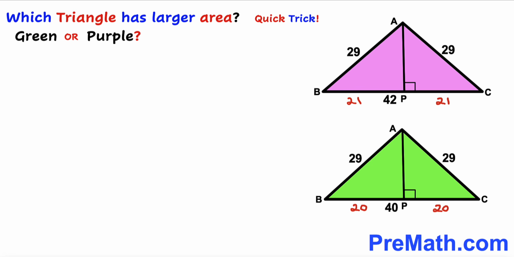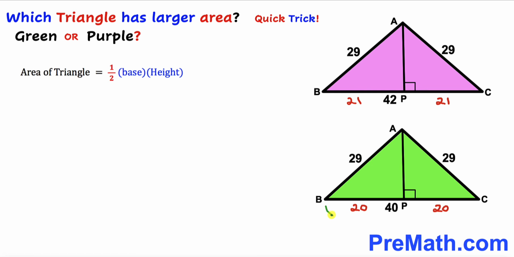Now, since we are interested in calculating the area of both of these triangles, let's recall the area of a triangle formula. Area is always equal to a half times base times the height of the triangle. In our case, the base of this purple shaded triangle is 42, so our task is to find the value of this height AP.